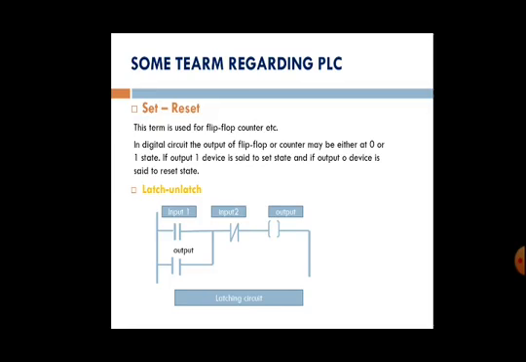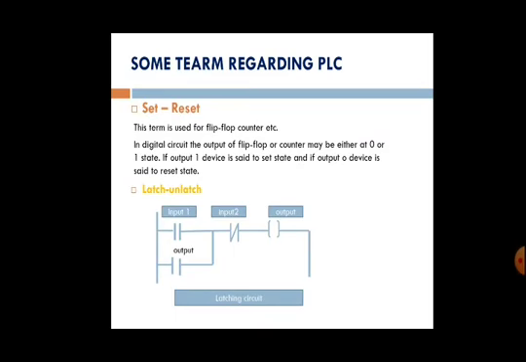Now the second one is set and reset. This term is used for flip-flops, counters, etc. In a digital circuit, the output of a flip-flop or counter may be either at 0 or at 1 state. If the output is in the 1 state, then the device is said to be in the set state.